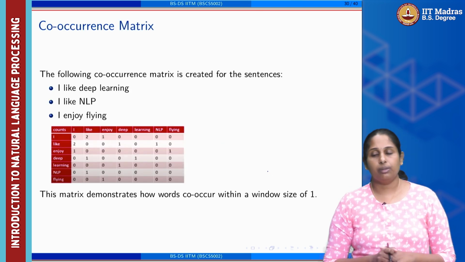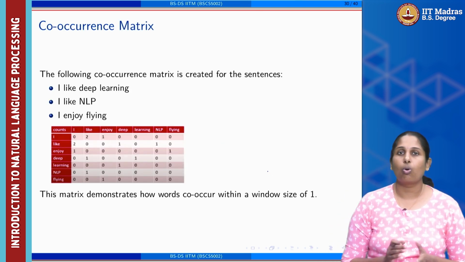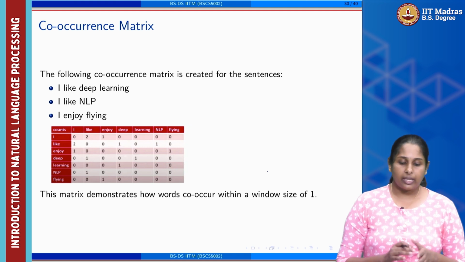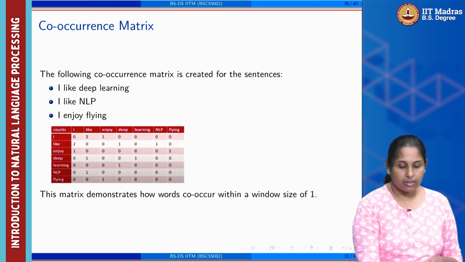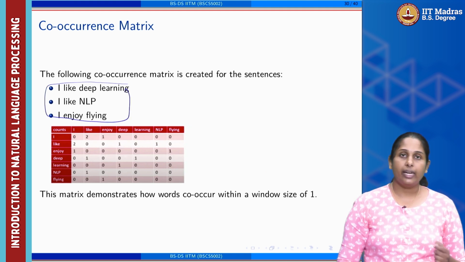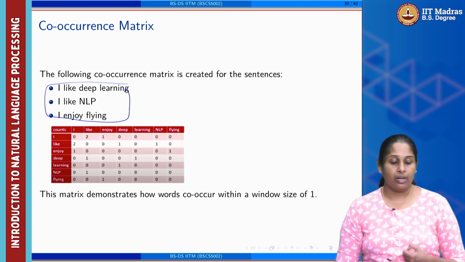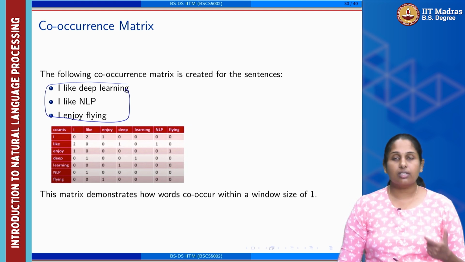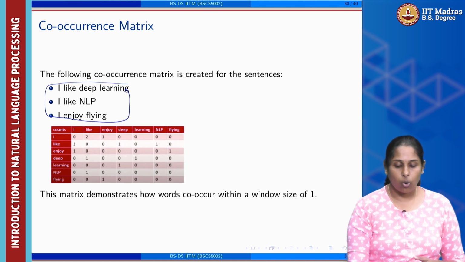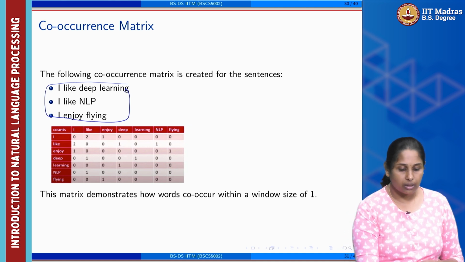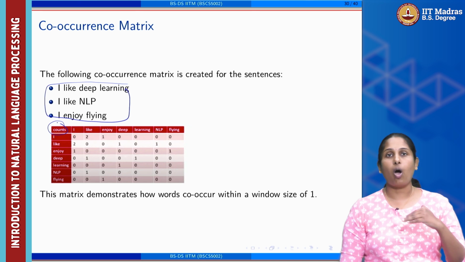Now, how has it been done? It's been done through a co-occurrence matrix. Let's take the following co-occurrence matrix for these three sentences: I like deep learning, I like NLP, I enjoy flying. Looking at these three sentences, let's create the co-occurrence matrix. That means the count of each word and their co-occurrence.